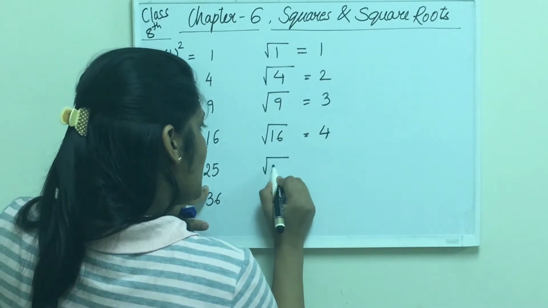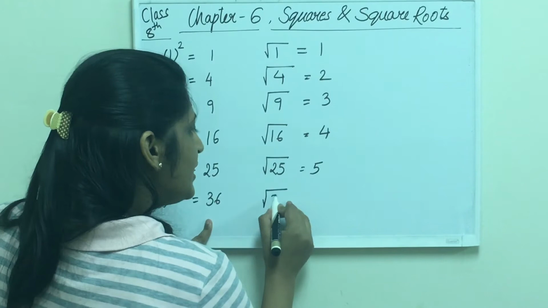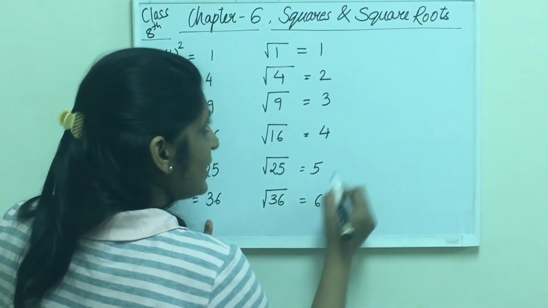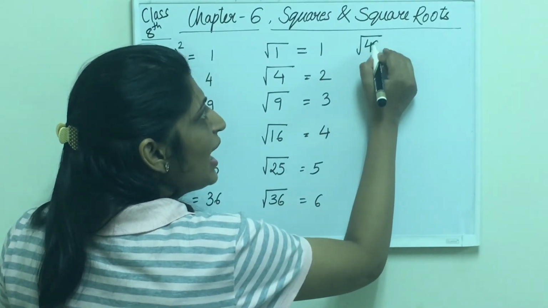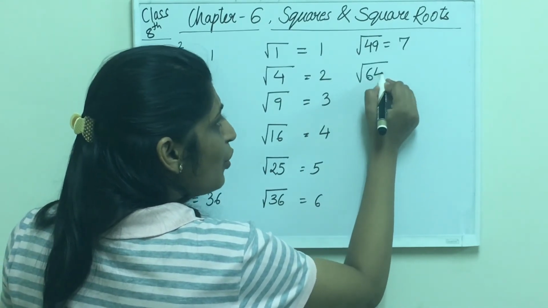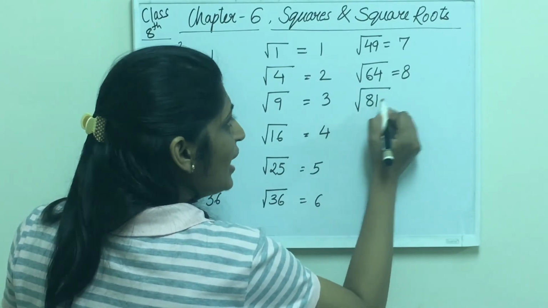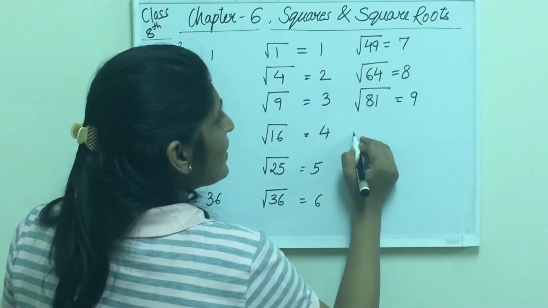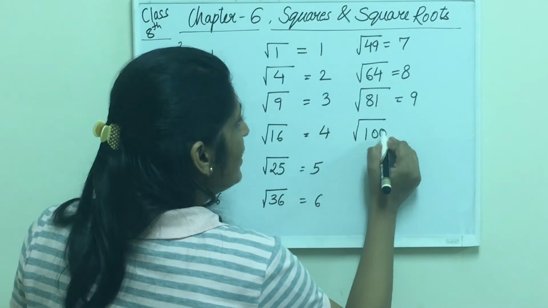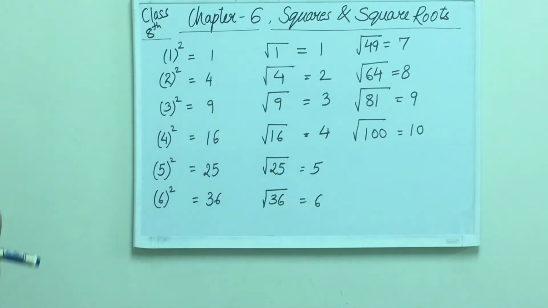Square root of 25 is 5. Square root of 36 is 6. Square root of 49 is 7. Square root of 64 is 8. Square root of 81 is 9. Square root of 100 is 10. I hope you get it.